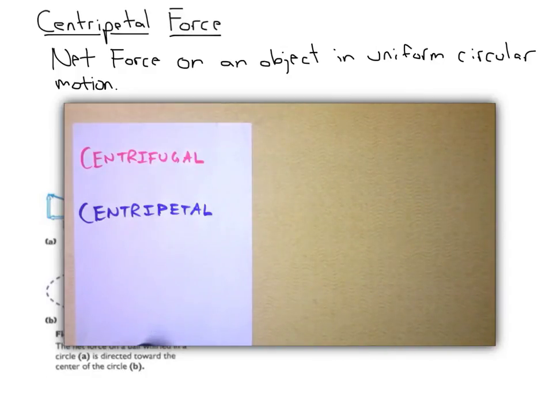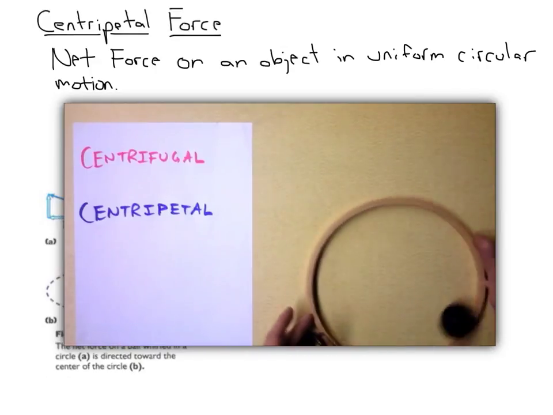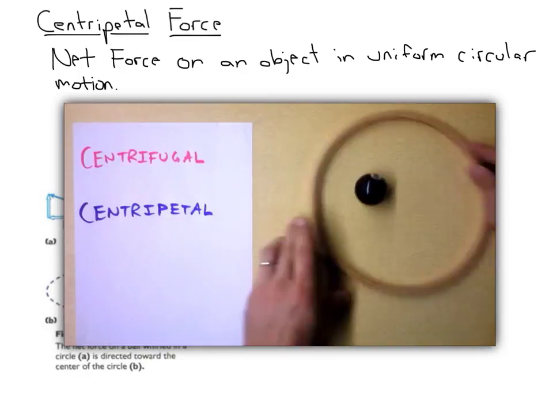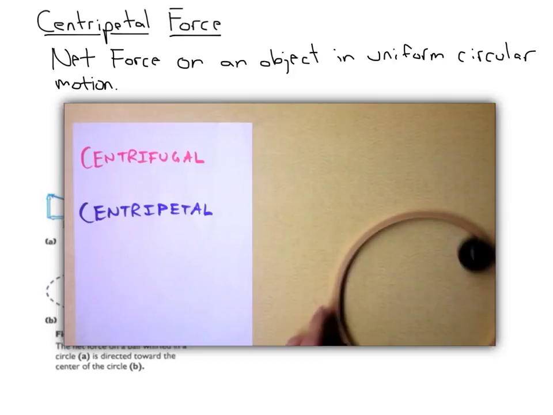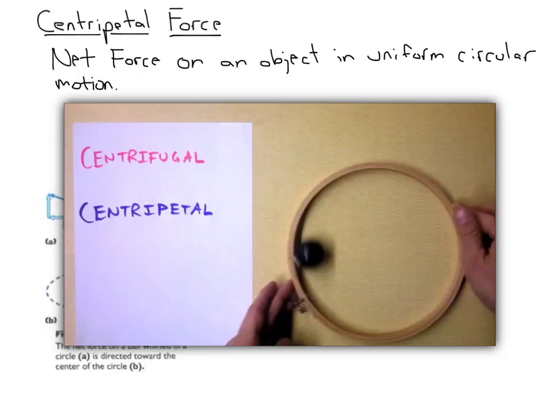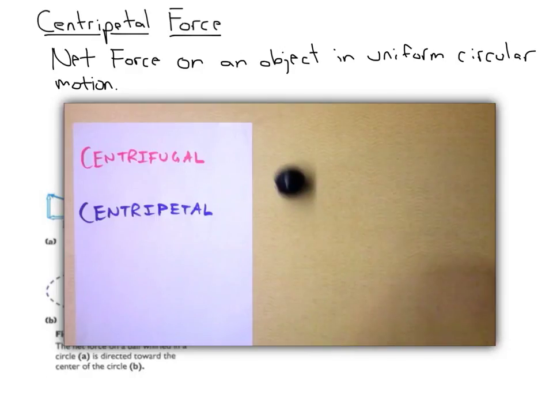Okay, if you didn't see that, we'll watch that again. You see the ring is removed here as the ball is traveling in this direction, and we should see that the ball continues going in a straight line tangent to the circle.